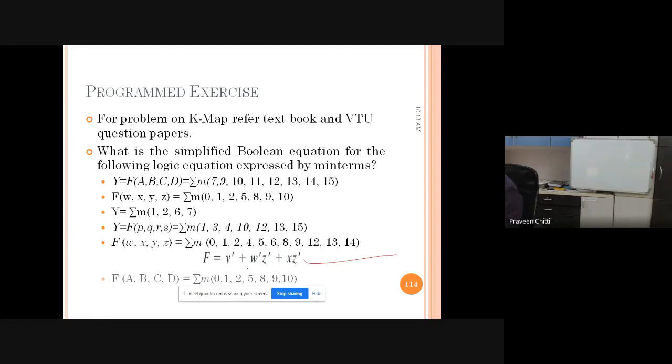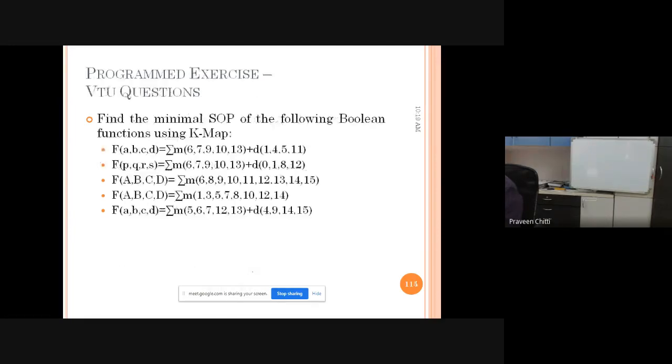These are from previous year question papers and some standard examples are shown here. I think most of these we have already done. If some of these are not done, you can take them down and try to solve them also. Here are some SOP equations with don't cares. These are from the VTU question papers.